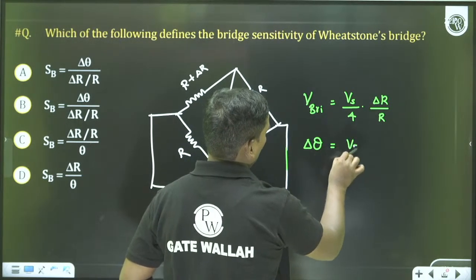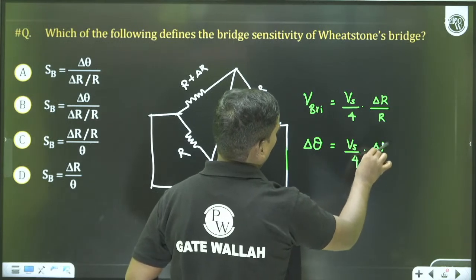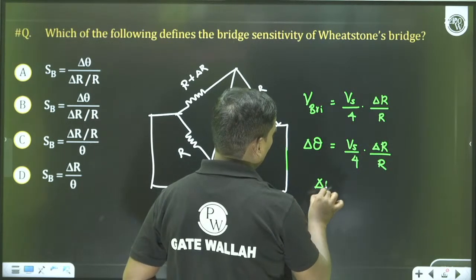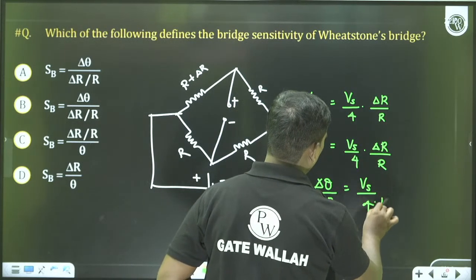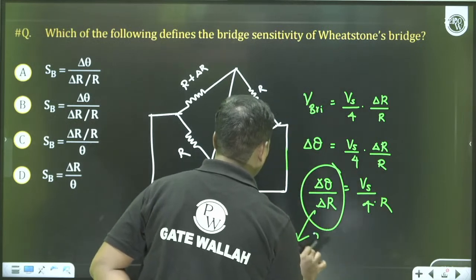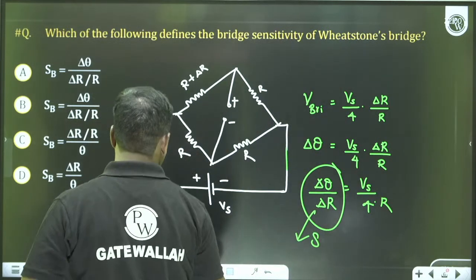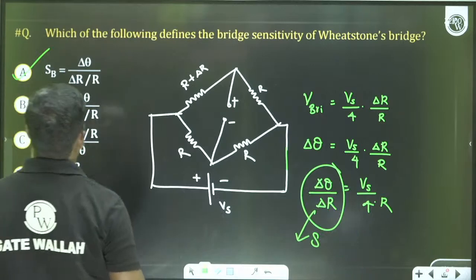So with Vs by 4 into delta R by R, delta theta by delta R is Vs by 4 into R. This can be taken as the sensitivity. So option A is the right answer.